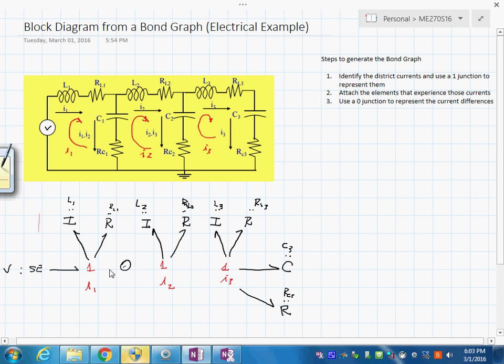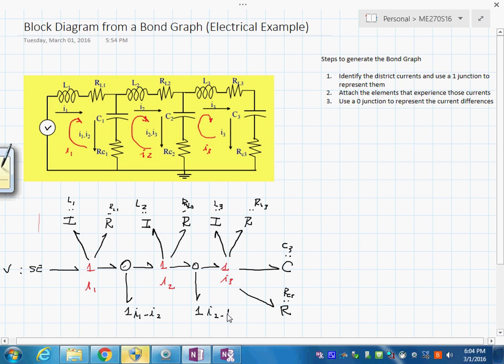And this other one we create also, which is I sub 2 minus I sub 3. Very good. So we have done step number 3.